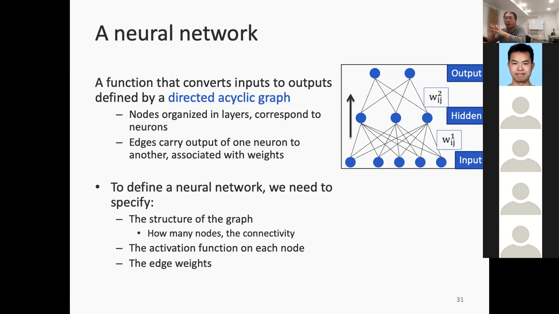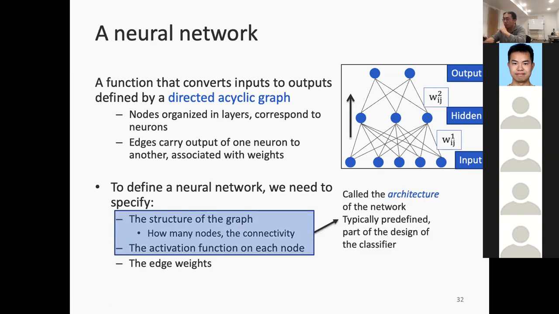You need to choose them beforehand. And finally, you need to set the values of the weights. The structure of the neural network and the type of activation are usually referred to as the architecture of the network. Typically, they are predefined before the training procedure.